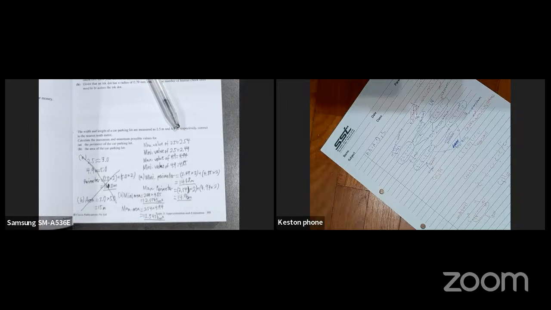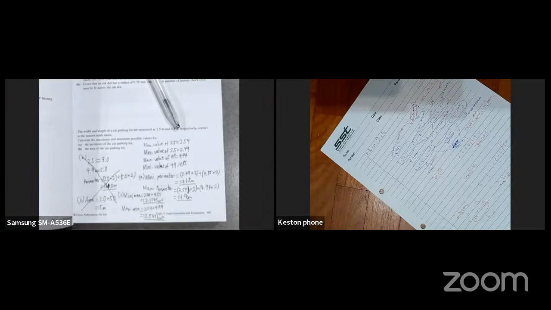Lower, yeah, if possible. So check. That means this is the lowest I can go. If you think that's the lowest that you can go, then you have a final answer.